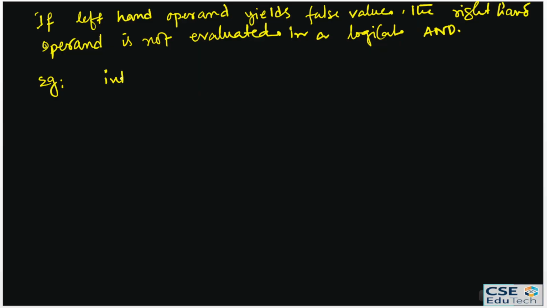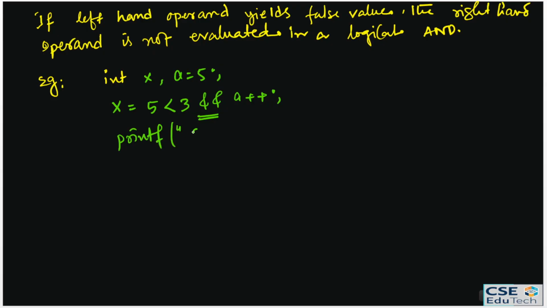For example, int a equal to 5 and x is equal to 5 less than 3 logical AND a++. If we print a with percentage d, what will be the value of a?